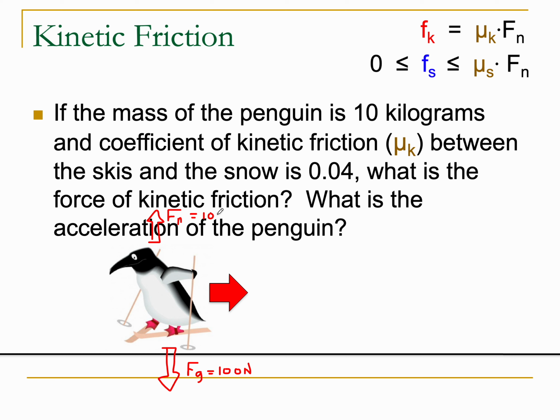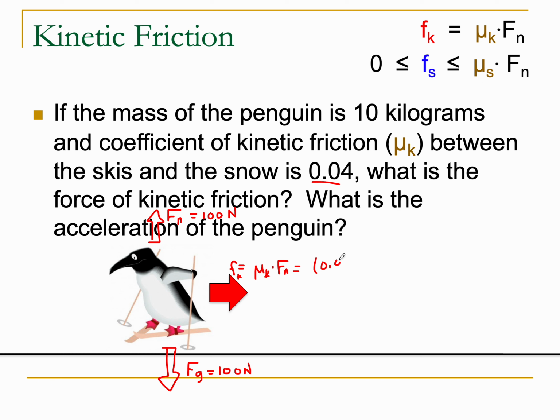The force of kinetic friction then, which is acting against the motion of our penguin, is just going to be equal to mu sub k times the normal force, which in this case is the coefficient of kinetic friction, 0.04, times our normal force.